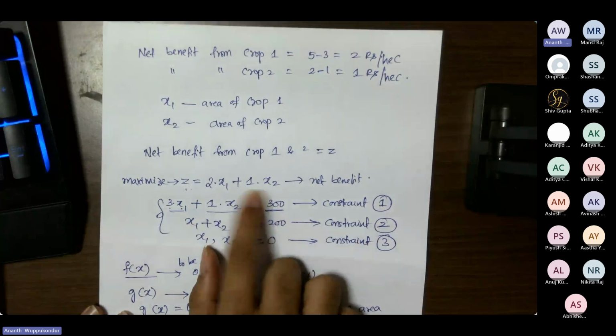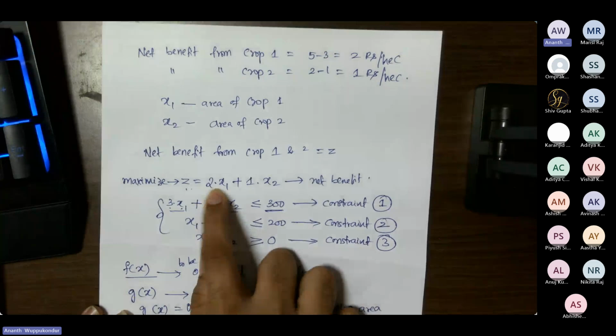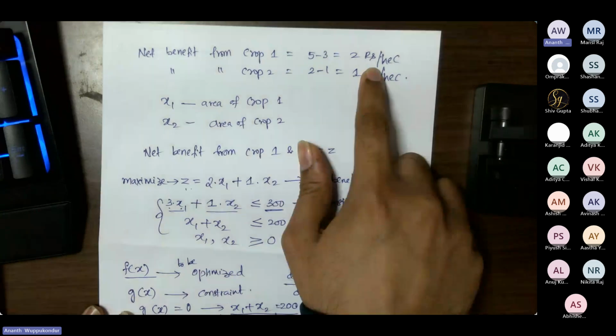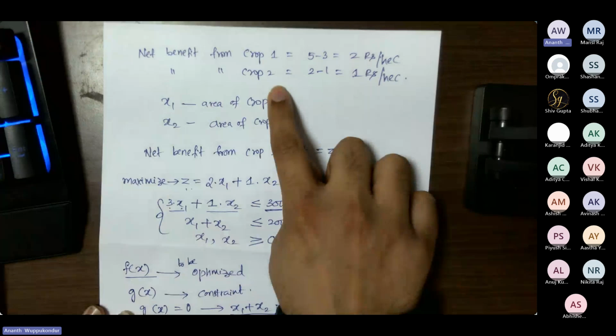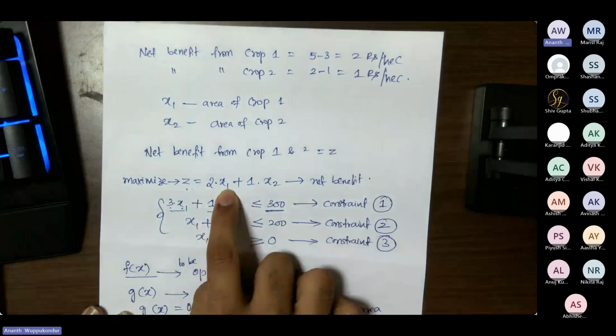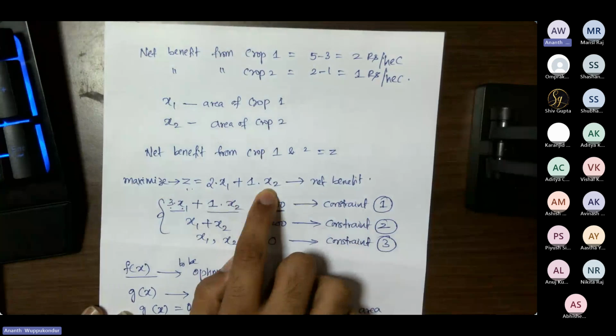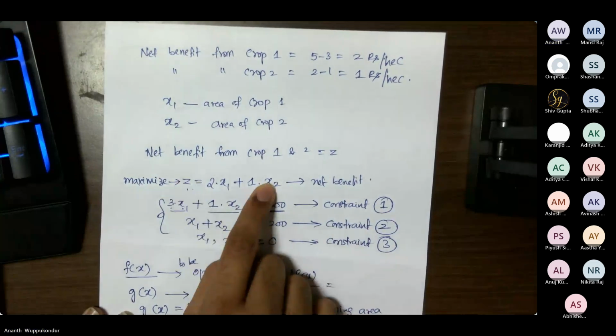Here we have a factor 2 because the benefit that we get from crop 1 is 2 rupees per hectare, for example, and the benefit that we get from crop 2 is 1 rupee per hectare. So we have 2 times x1 plus 1 times x2. This is the benefit or the profit that we want to maximize.